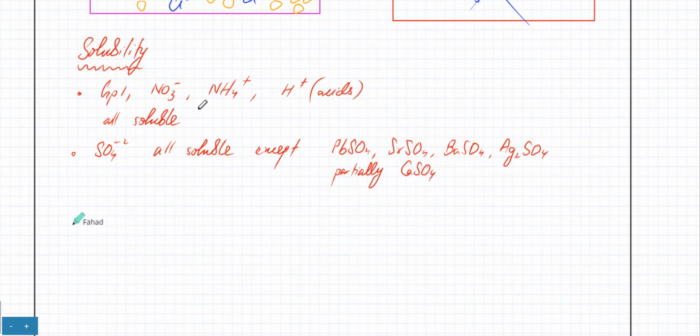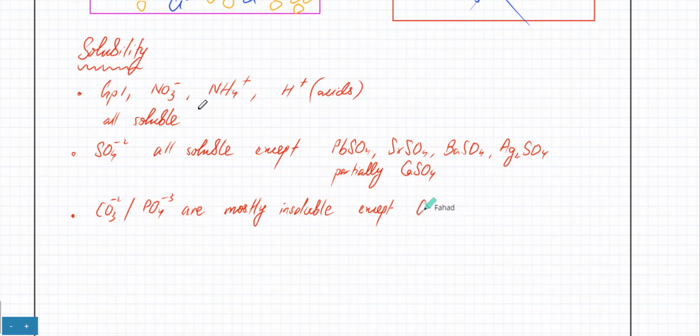Next, carbonates and phosphates are mostly insoluble, except the group 1 ones, which were soluble, and NH4+.